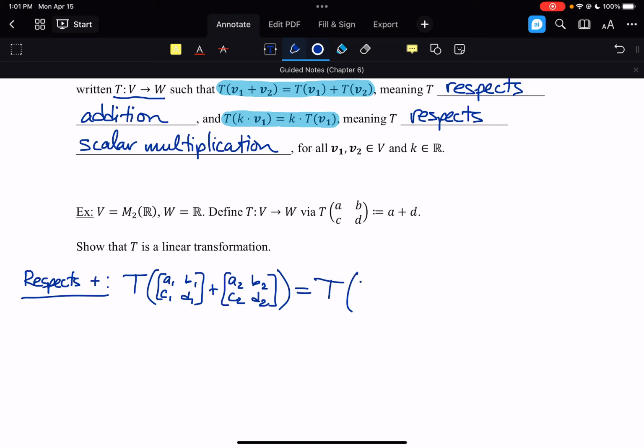So this is going to be A1 plus A2, B1 plus B2, C1 plus C2, D1 plus D2. And now that we have the transformation of a 2 by 2 matrix, we can go ahead and perform the transformation. So we take A plus D, that's the 1,1 component plus the 2,2 component. So that's A1 plus A2 plus D1 plus D2.